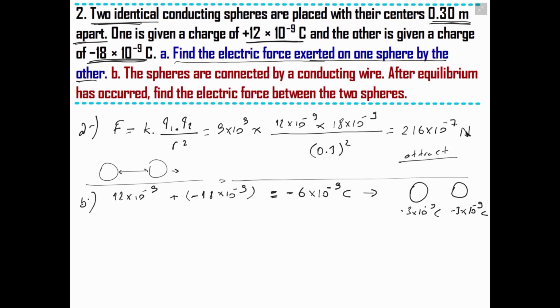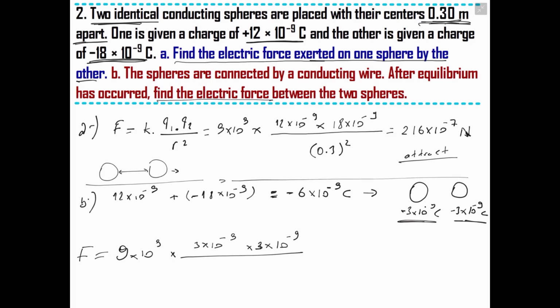So it's asking to find the electric force again, but after conducting. Here is the negative. So F is K times Q1 times Q2 over R squared. K, which is 9 times 10 to the 9, multiplied by, in this formula we don't use the negative values, 3 times 10 to negative 9, multiplied by 3 times 10 to negative 9, over R squared.